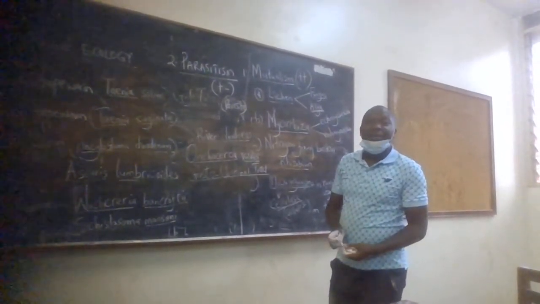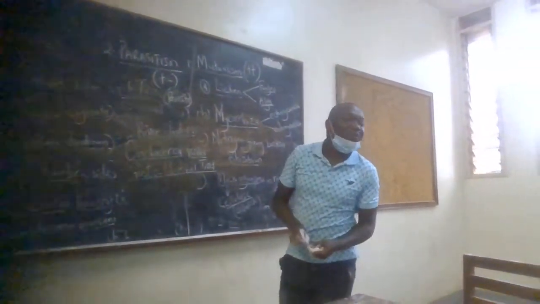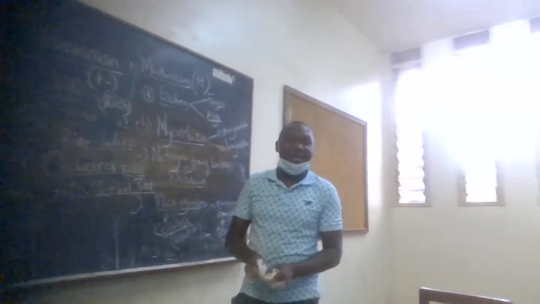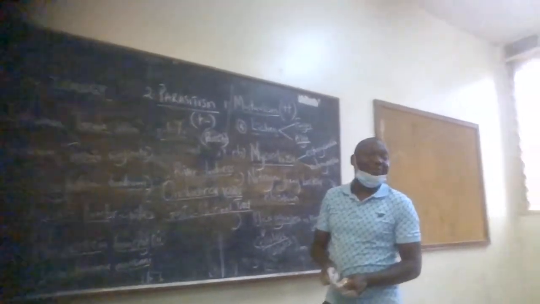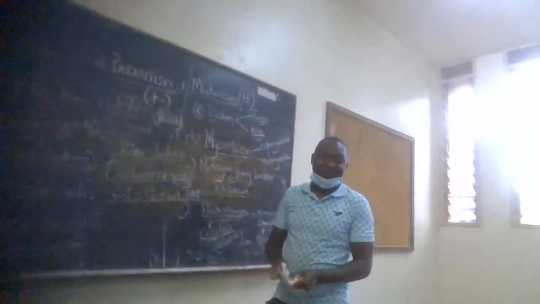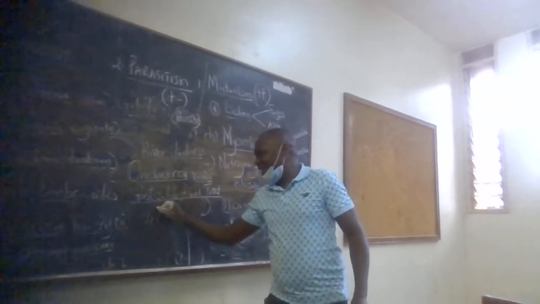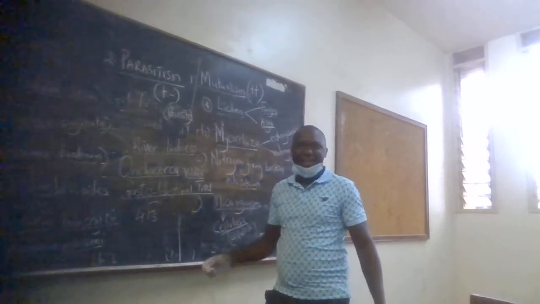That is why you should deworm. How often should you deworm? After every how many months? After 3 months. Because you had in primary the 4 F's. What are they?